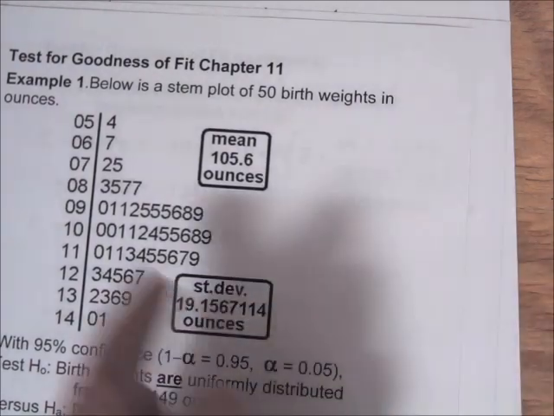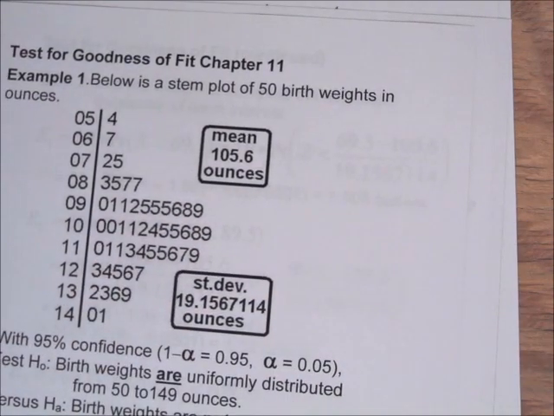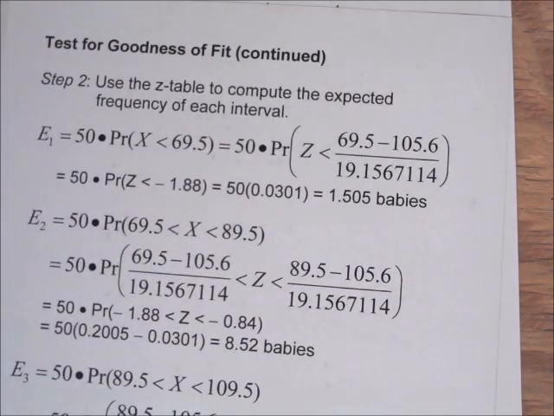You can also compute these if you put the data into your calculator. So I get the probability that z is less than negative 1.88. Actually, if we use the one-page z-table, we have to look up the positive 1.88 and subtract it from 0.5 to get a probability of 0.0301. Multiply that by 50, and that gives 1.505 babies. That's our first expected value.